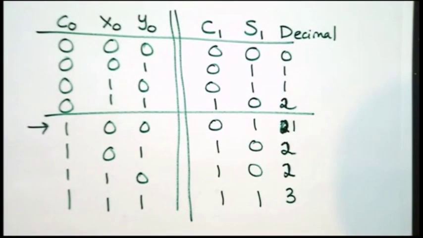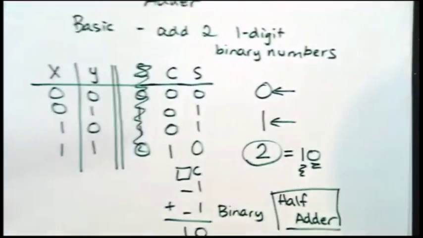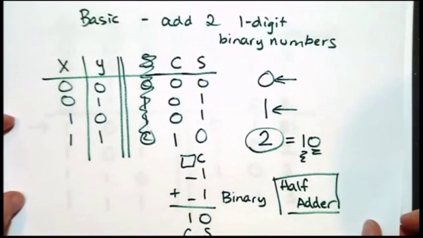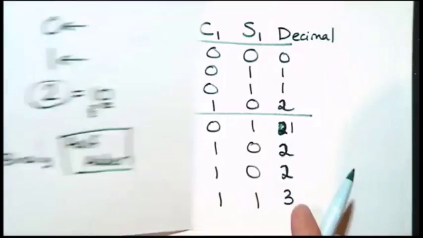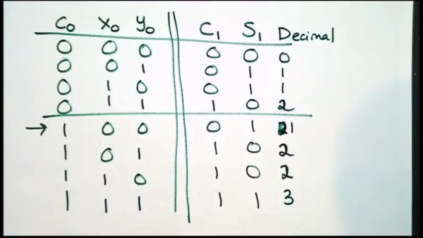Okay, so now we need to make circuits for these. So let's look back at our half adder. Our half adder, these two columns look exactly the same as the first half of this table. Right?